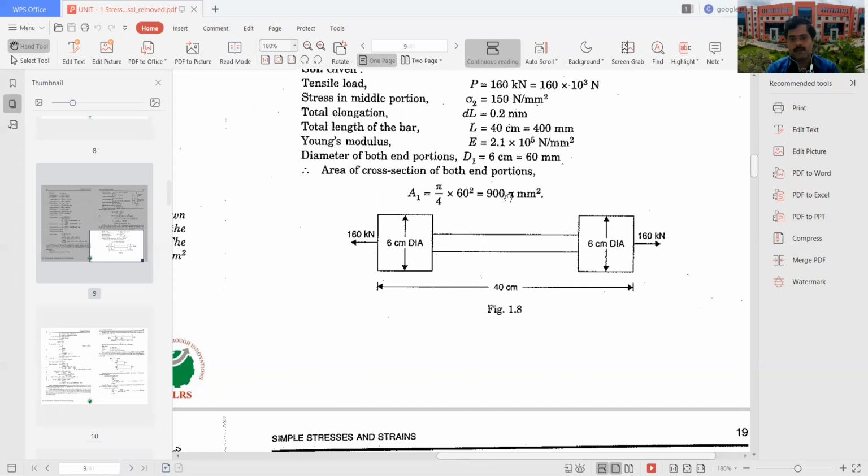So area 900 pi, so A1 is 900 pi. And suppose this is the total length L, then L1 is equal to L minus this L2.